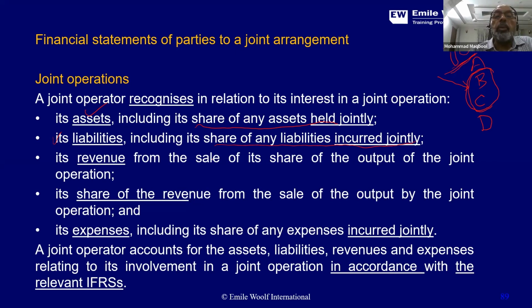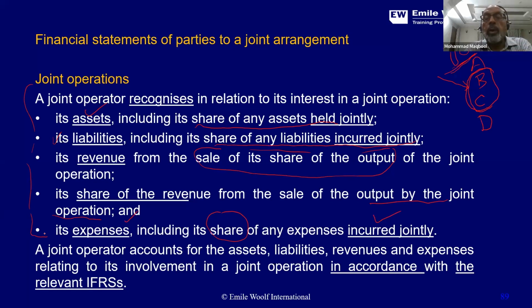Revenue from the sale of its share of the output, like he picked up some output and sold in the market, and some output was sold jointly. So there's also share in that. The expenses, own expenses incurred for this purpose, and certain expenses incurred jointly, so share of that. So this is the way that the investor will do the accounting.